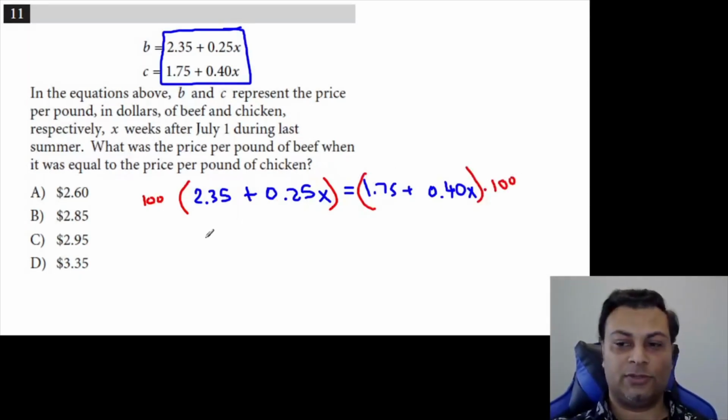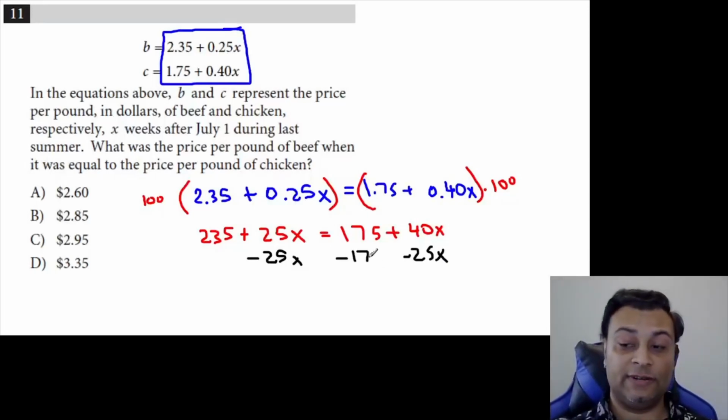And this becomes 235 plus 25x equals 175 plus 40x. And from here we can subtract 25x on both sides, and also subtract 175 on both sides.